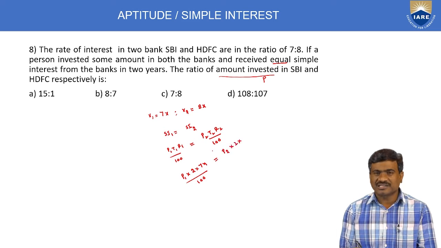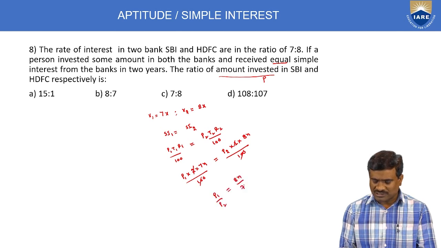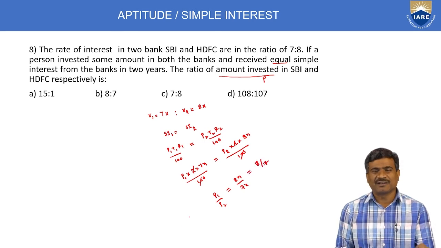Here 2 and 100 get cancelled, so P1 by P2 is equal to 8x by 7x, which is equal to 8 by 7.